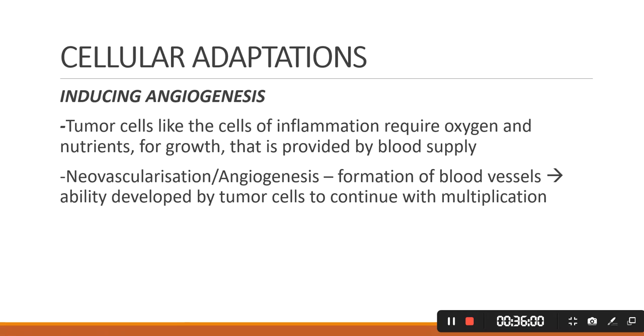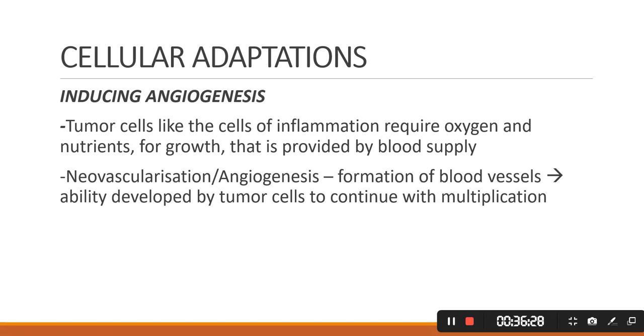Now coming to the cellular adaptations, inducing angiogenesis. Tumor cells, like the cells of inflammation, require oxygen and nutrients for growth that is provided by the blood supply. New vascularization or angiogenesis, formation of blood vessels, is an ability developed by the tumor cells to continue multiplication.